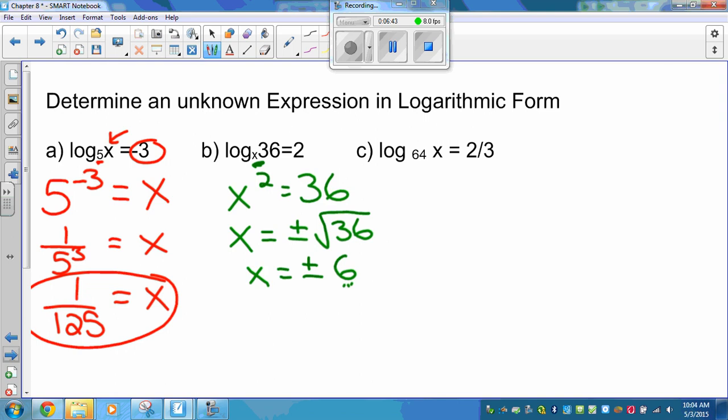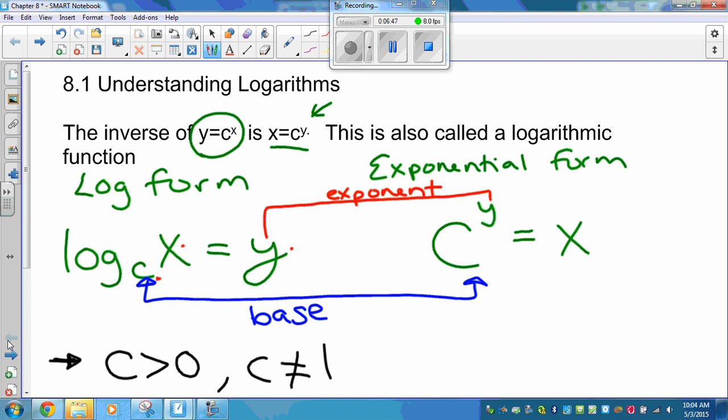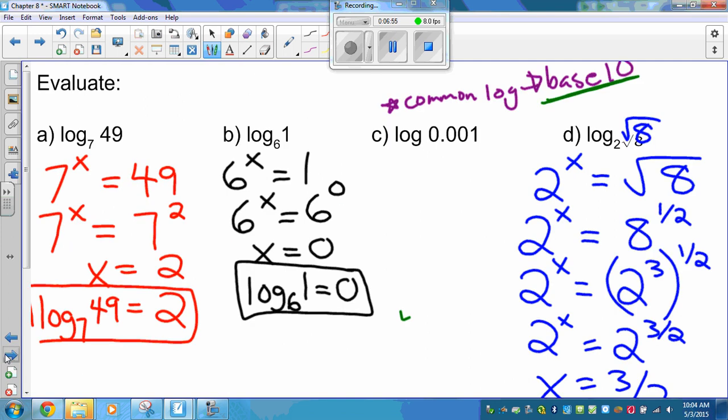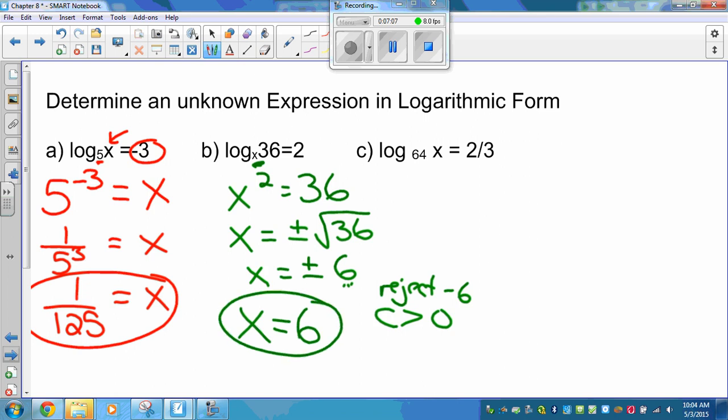The base in an exponential function we call c. We said by definition in a logarithm, the c must be positive. So I can reject -6, because c must be positive, and my final answer is x is equal to 6.